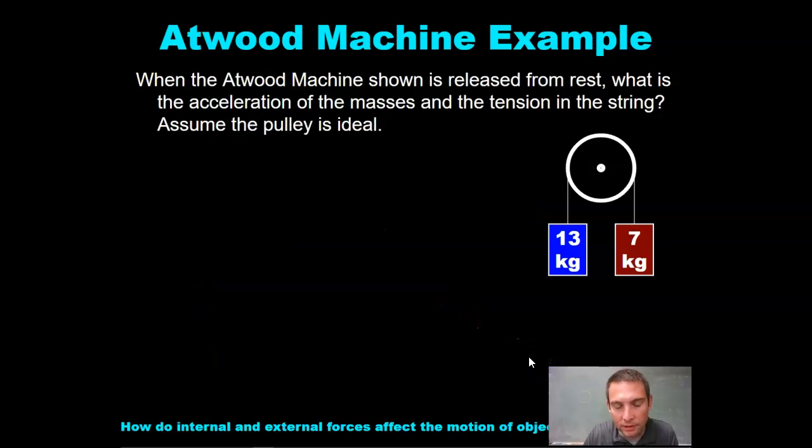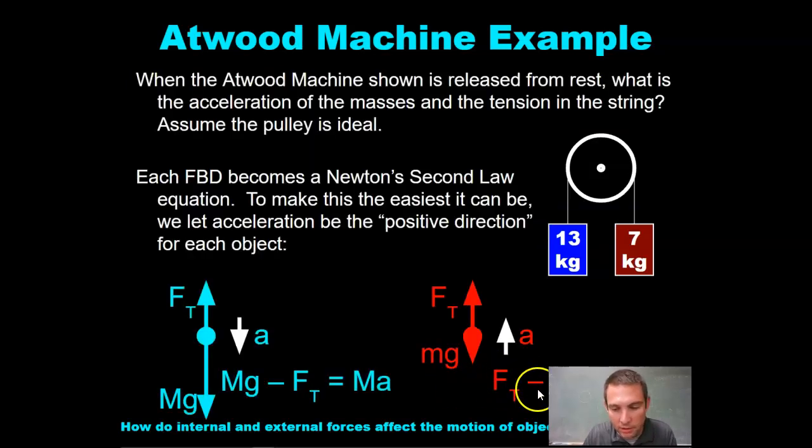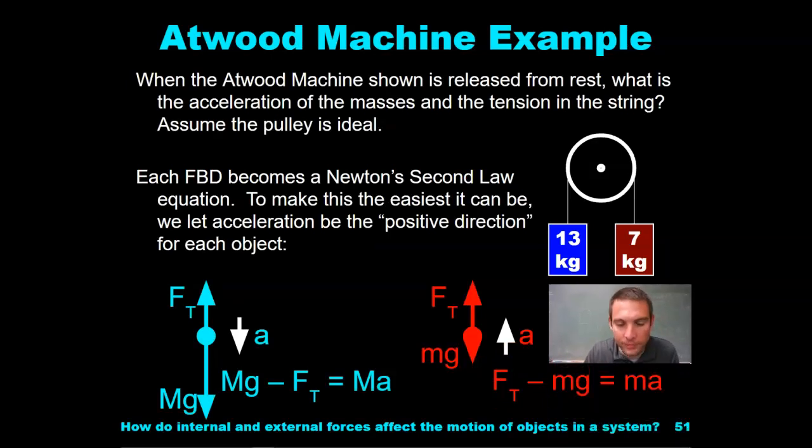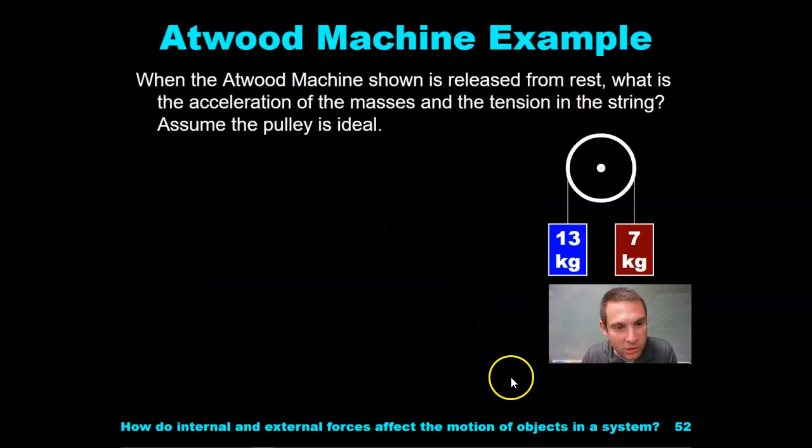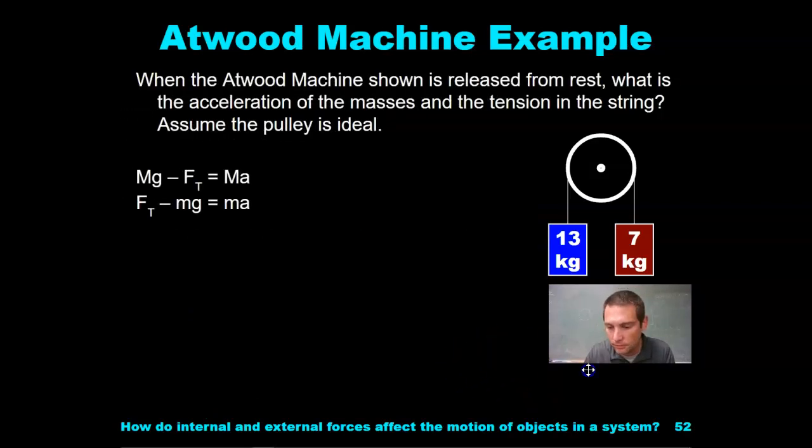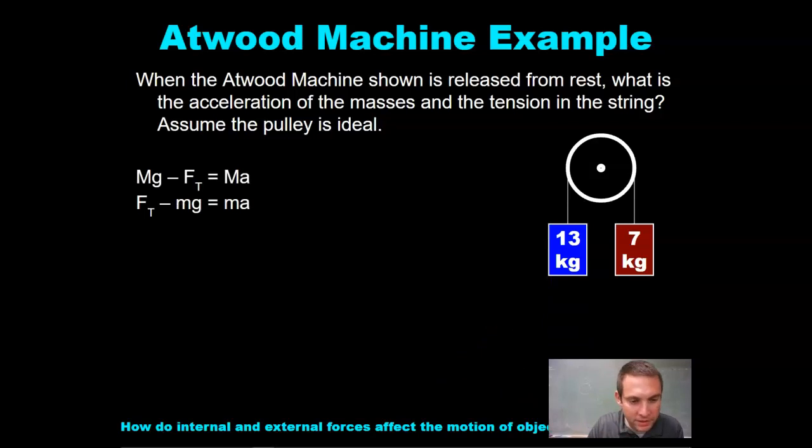Now, if we write those two equations in a certain way, it's going to make our lives easier. That certain way is stack them on top of each other. If you've ever worked with systems of equations in math class, that's what we're doing right here. If you have not, it's okay. This is how we deal with an Atwood machine problem.